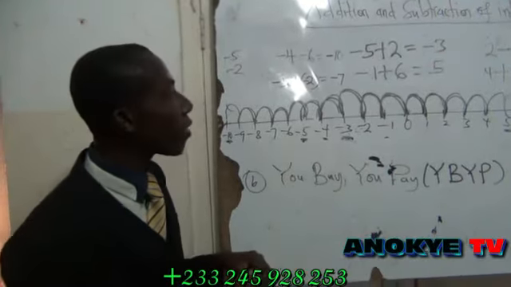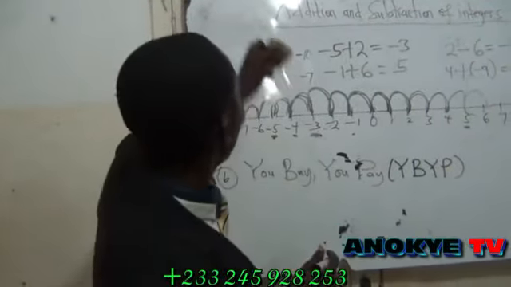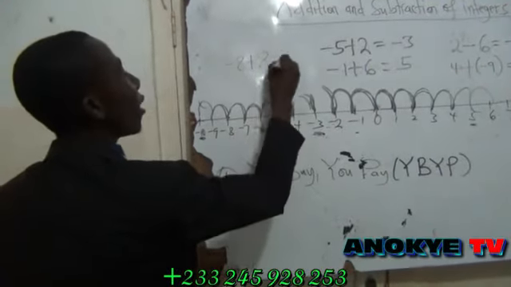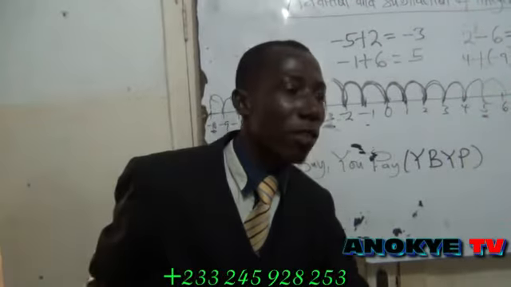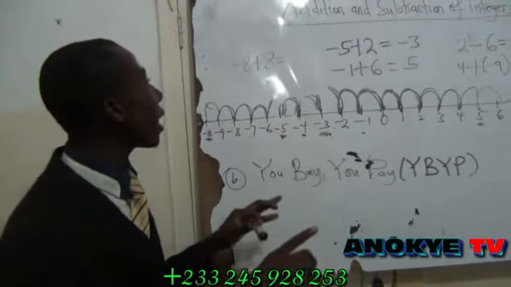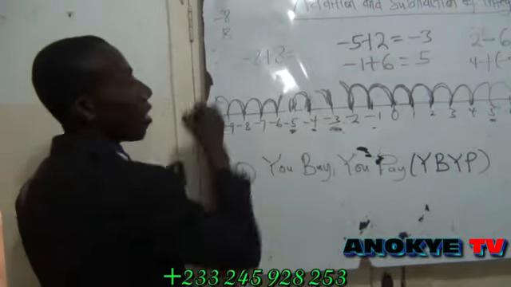Now to end everything, how about -8 plus 8? This will end the lesson. If you want to use the number line, you break the numbers into 2: -8 and 8.